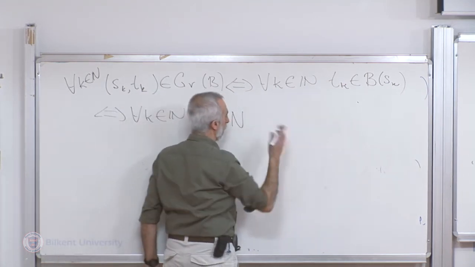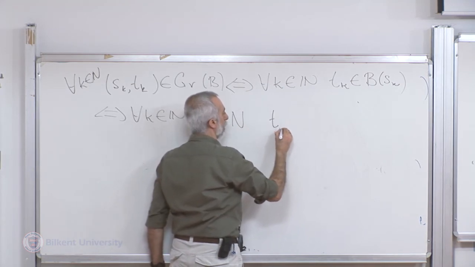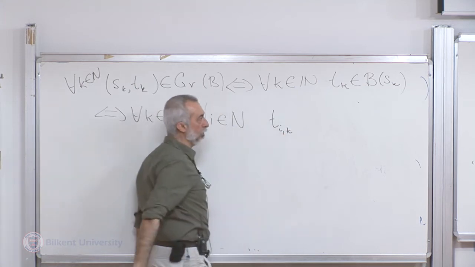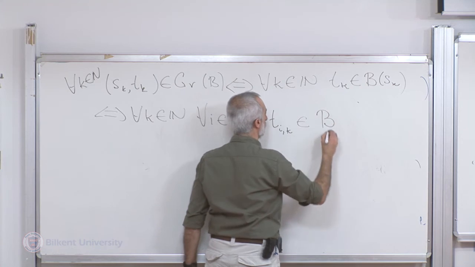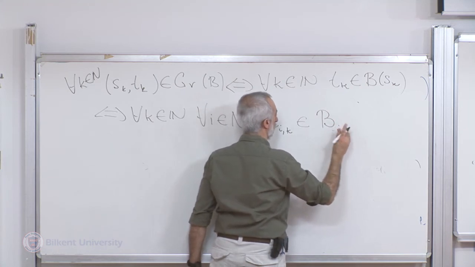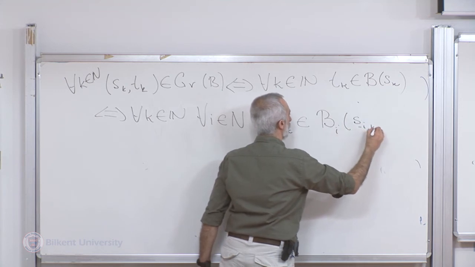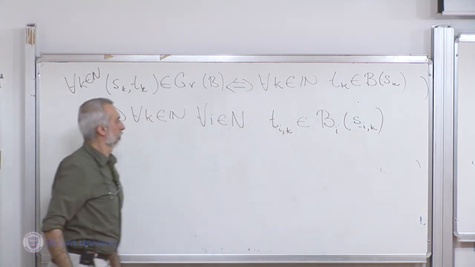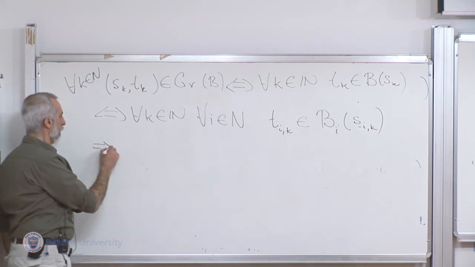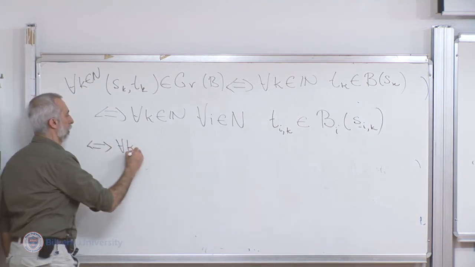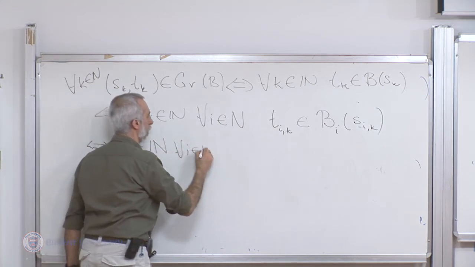Now we're going to have double subscripts. So let me write it like this: t i sub k is an element of B i of s minus i sub k, which is the case for any natural number for any agent i.